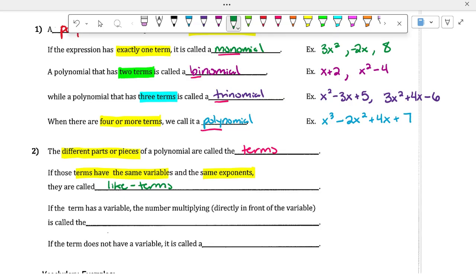For example, the 2x squareds were like terms because they both have an x and a squared attached to that x. The x's were like terms because they both had x's, but nothing else. It wasn't raised to any power. And the h would have been a like term on its own because it's a constant, there's nothing connected to it.